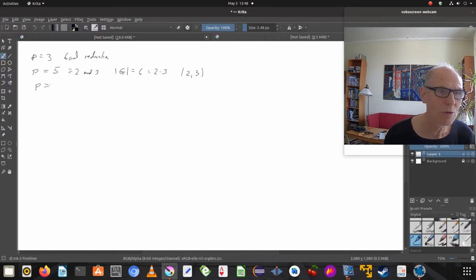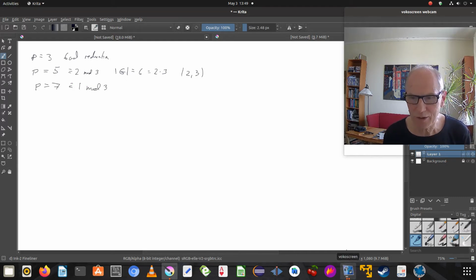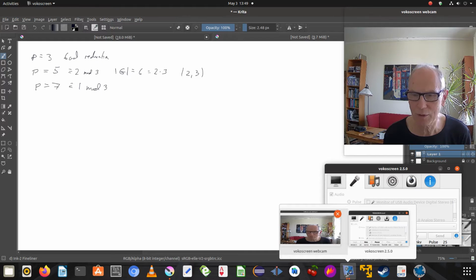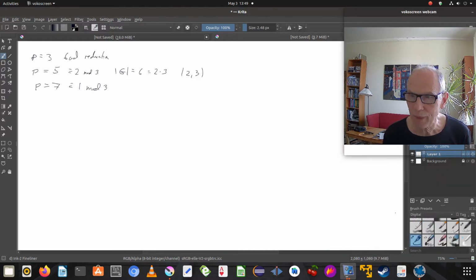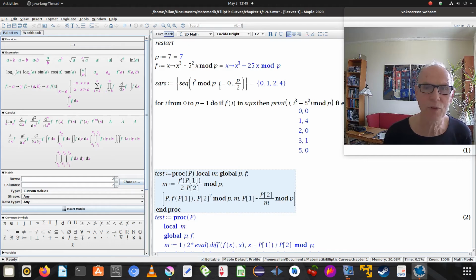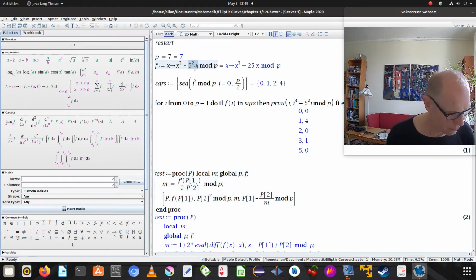P equals 7. Here we need to find out the number of points, and I've prepared the Maple script here. Oh, P equals 7, that's the one we need. And then minus unity.